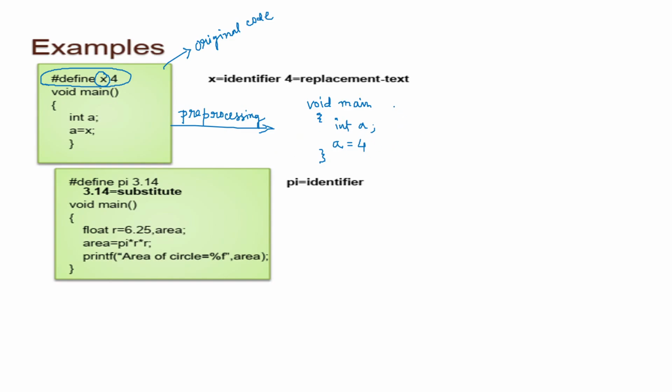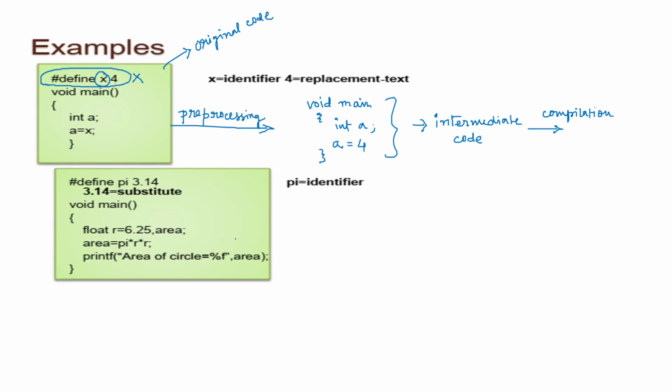This is your intermediate code, which will go for compilation. Don't think that the original program goes for compilation. It is pre-processed first; some code is added, some is deleted. Here this particular line is deleted, and x is replaced by the value 4.